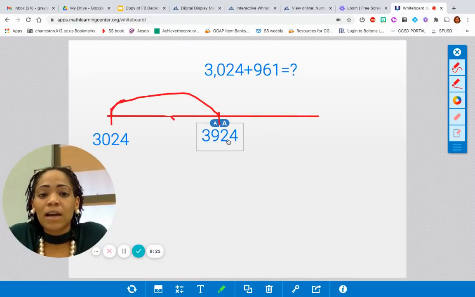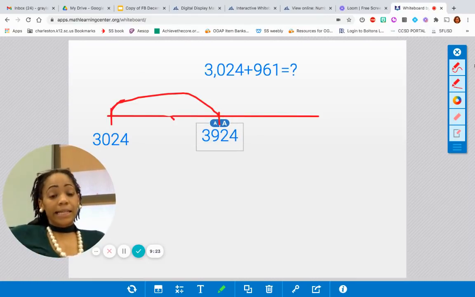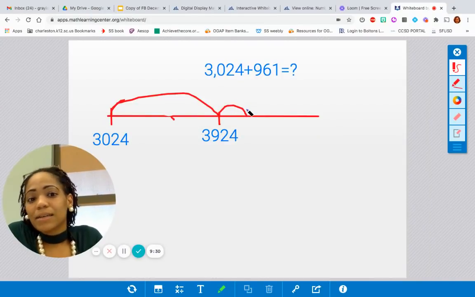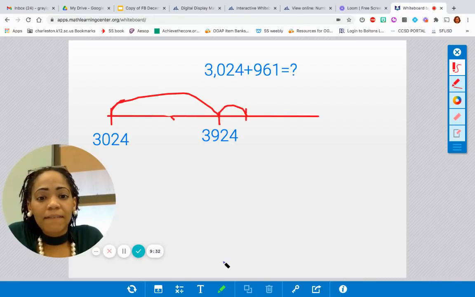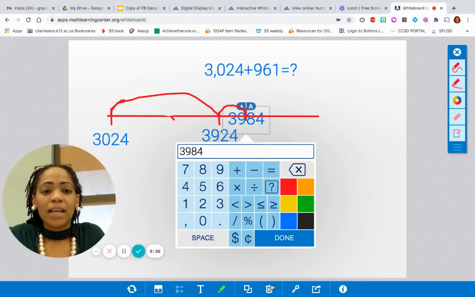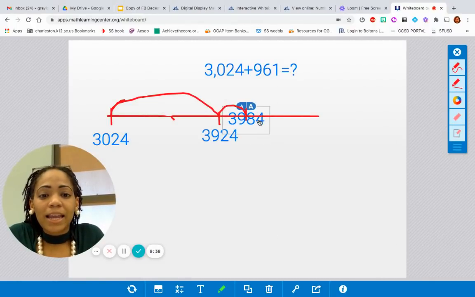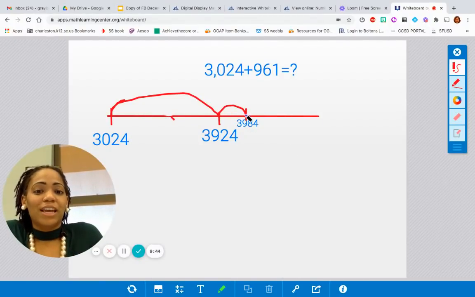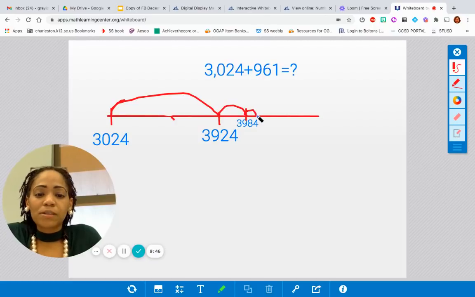This is me using my knowledge of place value. Then I'm going to jump 60, which is fairly easy because I know 60 plus the 20 that I already have is going to give me 80. So I now have 3,984. And then I can add my 1, which is going to be 3,985. Okay? If you solved this problem already, hopefully you got that.